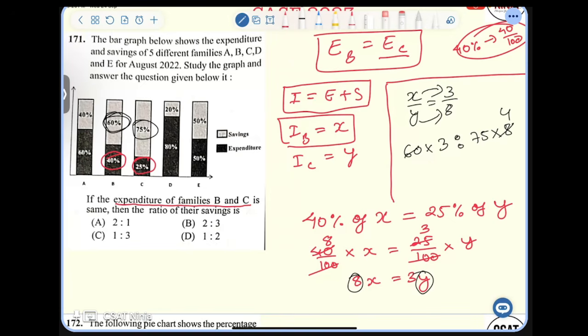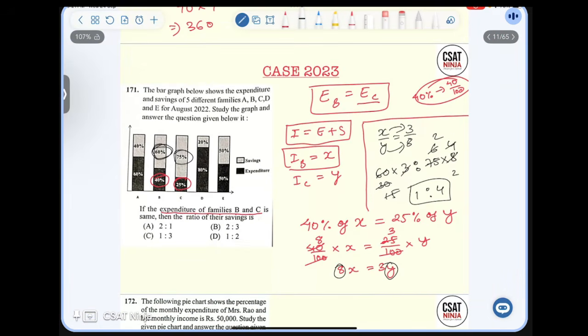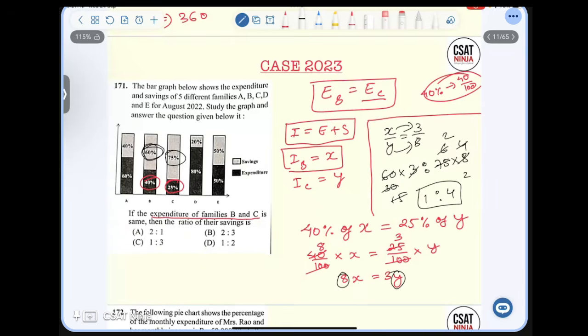I'm getting 1 is to 4, what is it? There may be some miscalculation here, and I don't know where it is. Please go through this calculation once and make a correction. Definitely I've made a careless mistake here.